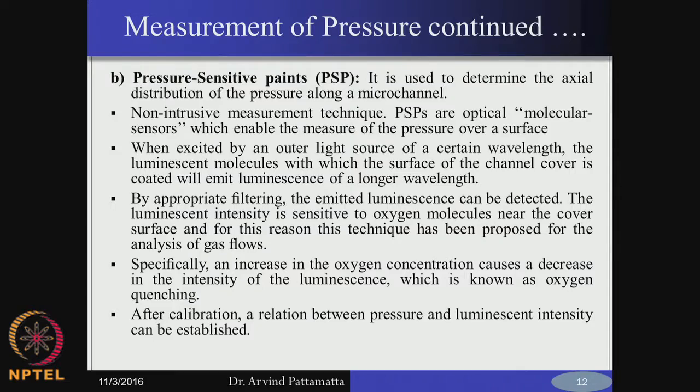The luminescent molecules, with which the surface of the channel will be coated, will emit luminescence of a longer wavelength. It is simply luminescence, meaning there is an emission coming from these molecules which has a different wavelength than the wavelength that is falling. There is a correlation to that. If you use a particular lambda, the emitted wavelength will be greater than this lambda.